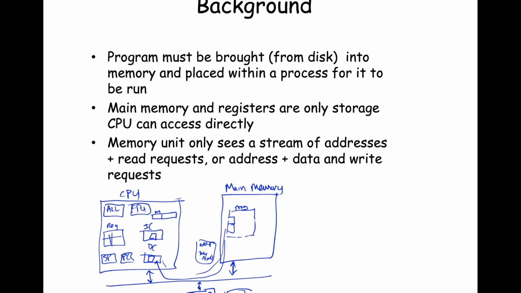Likewise, for the write request, the CPU specifies some amount of data and an address, and that's sent to the memory device, which then writes that data at the specified address. That's what the memory unit sees: a stream of requests and addresses, and a stream of addresses, data, and write requests. That's all your memory device sees.